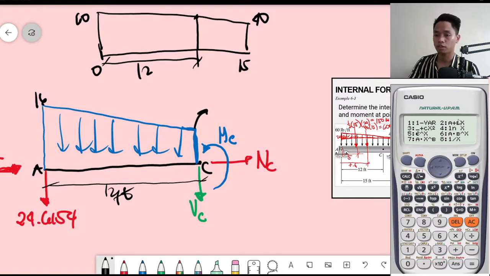If you notice, its formula is a plus bx, a constant plus a monomial bx to the degree of 1. So this mode 3, your stat mode, option 2, is very useful for linear interpolation.